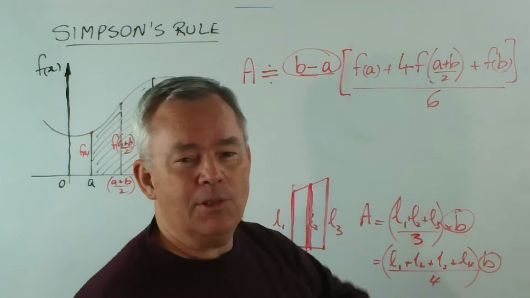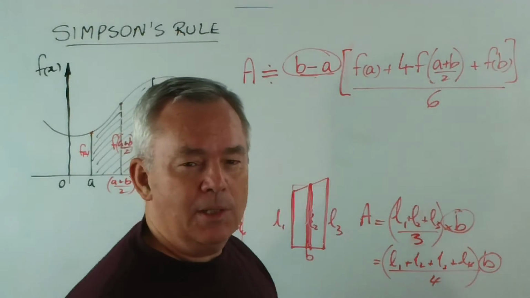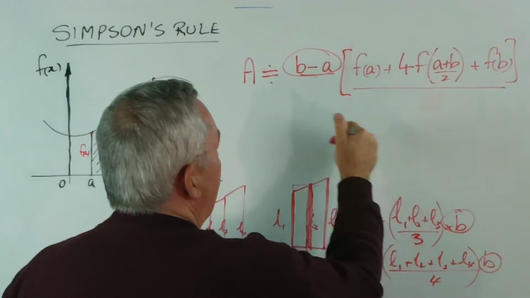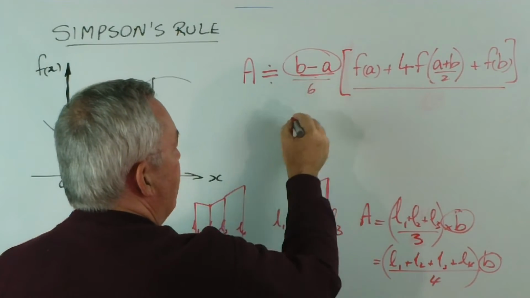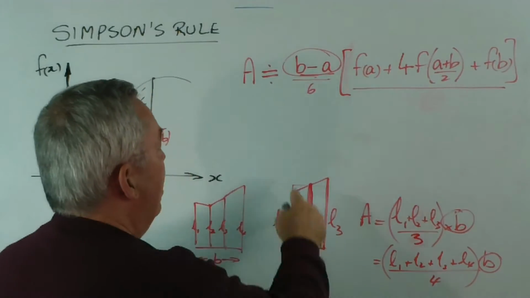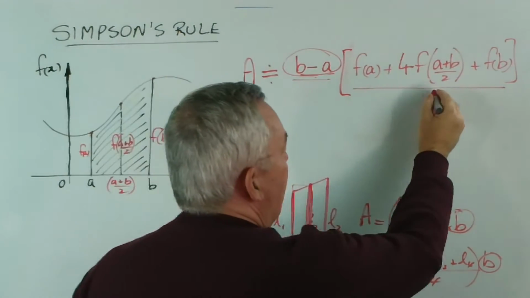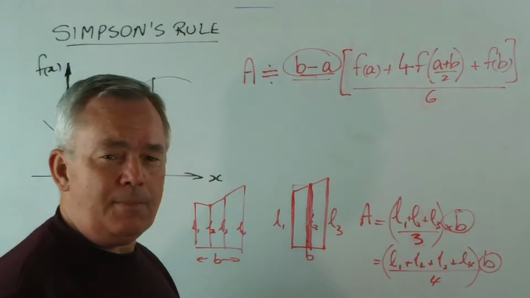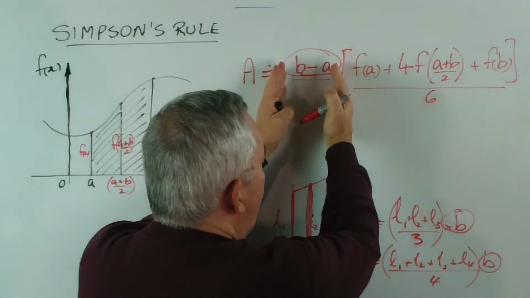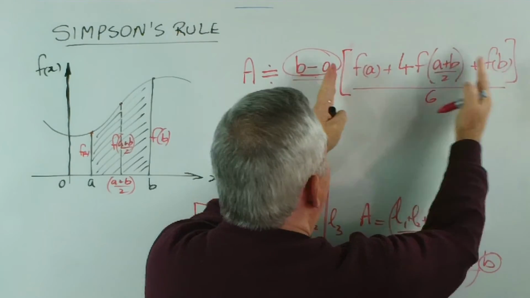Can you see that you have 6 lengths divided by 6? Now it happens to be fortuitous or strange that we often have the divide by 6 here. I've even seen textbooks with 1/6 written out the front. And you'll understand now that I like to have the 6 under here, because I think of the area as a width or a breadth times the average length, or average length times breadth.